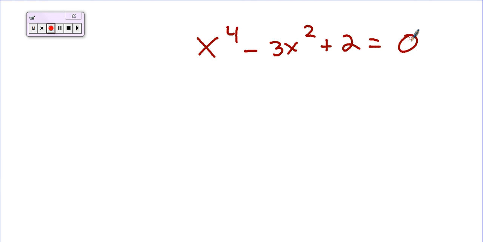This one, y equals 2x plus 4, is a first degree polynomial equation. And we're going to take a special look at the y equals 2x plus 4 equation today.